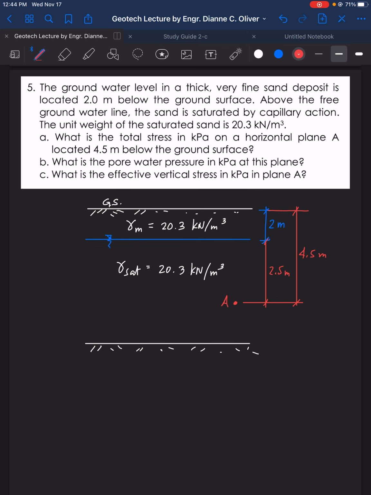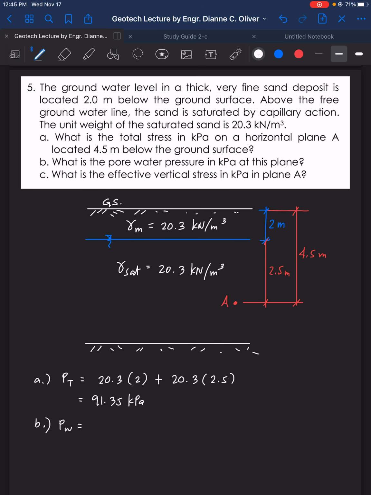Alright, find the total stress. Letter A. P total is equal to 20.3 times 2 plus 20.3 times 2.5. So P total is equal to 91.35 kilopascal.